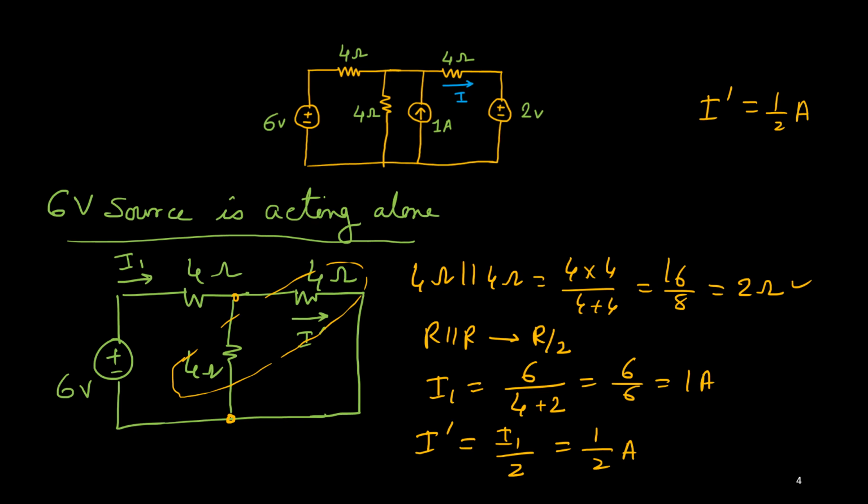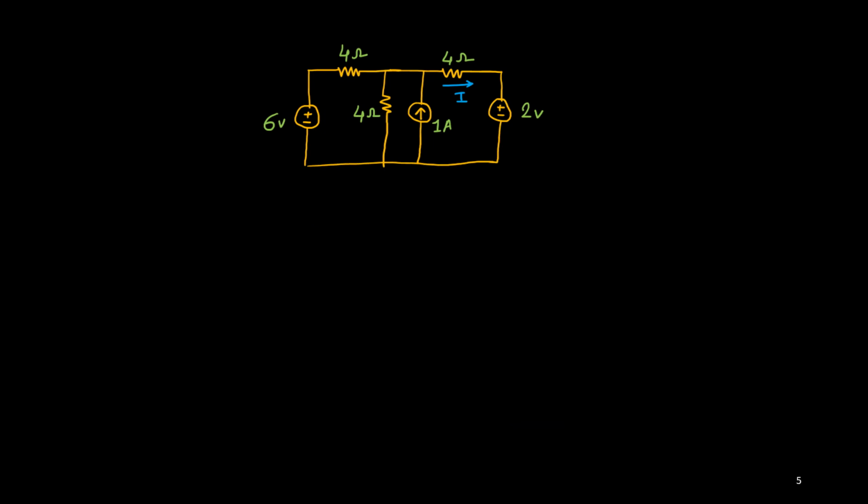Now next one we will go for this 1 ampere current source, right? Okay, so same circuit. Now previously I have got that I prime was half ampere. Now we need to calculate I double prime, right?